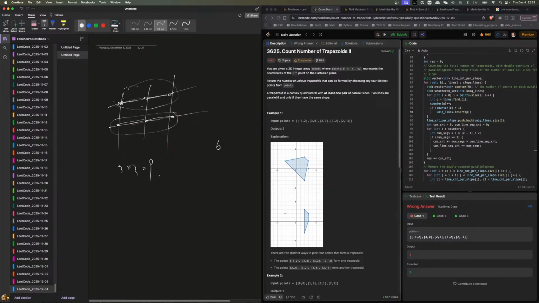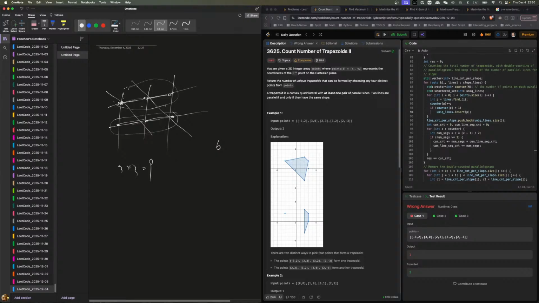That's the same. It's 9, right? 1, 2, 3. And then we can have 4. Oh, wait, hold on. No, it has to be parallel. So in this case, we also have this.